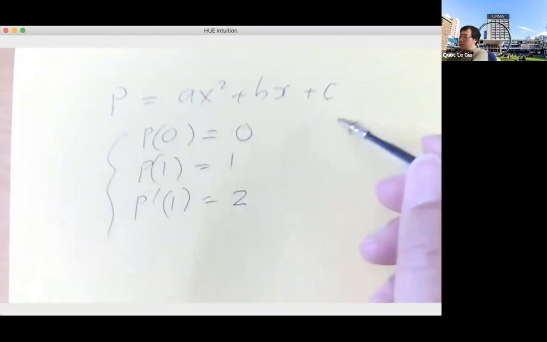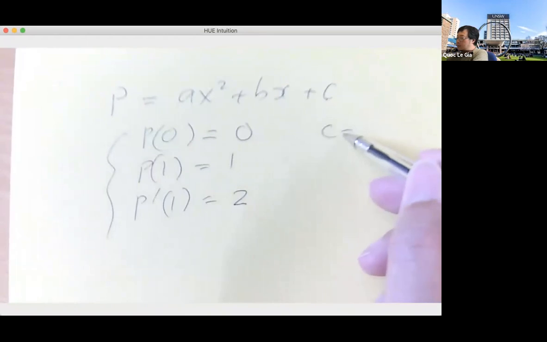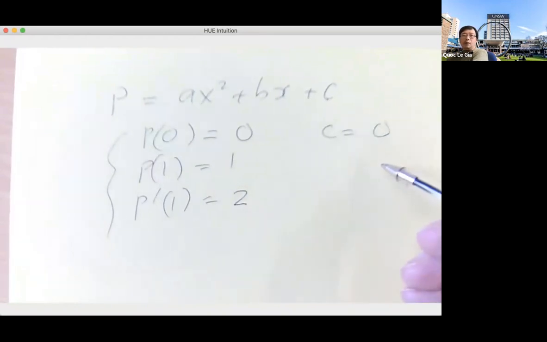So at x equals 0, you just have c equals 0. Easy, right?